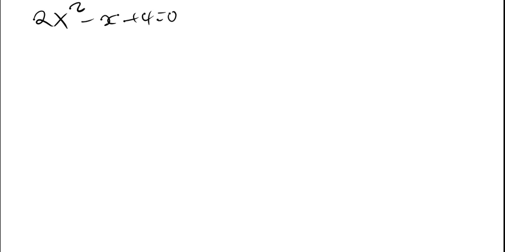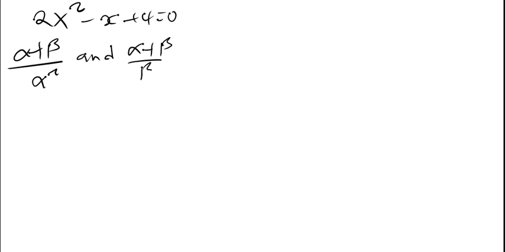The roots of the quadratic equation 2x squared minus x plus 4 is equal to 0 are alpha and beta. Find the quadratic equation with integer coefficients which has the roots alpha plus beta divided by alpha squared and alpha plus beta divided by beta squared.